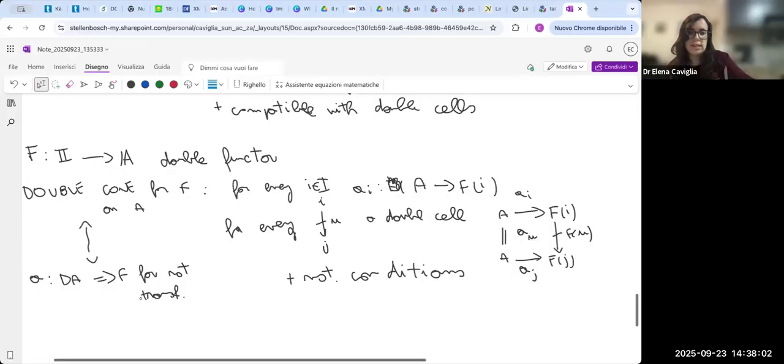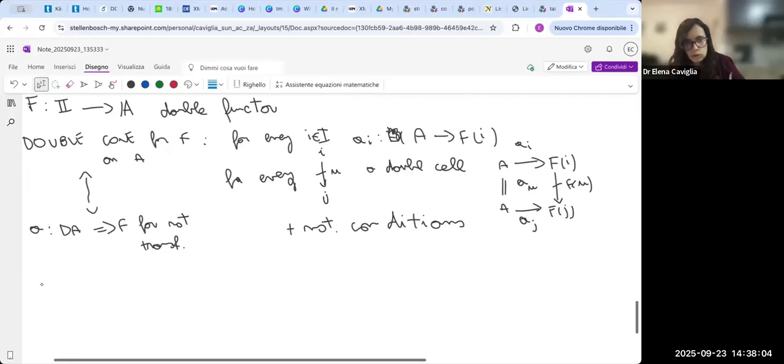And what is the double limit? So the double limit, lim of F, is now a universal double cone.